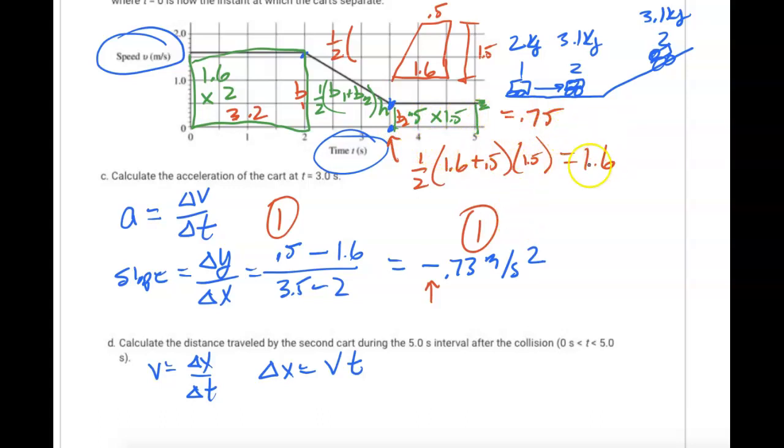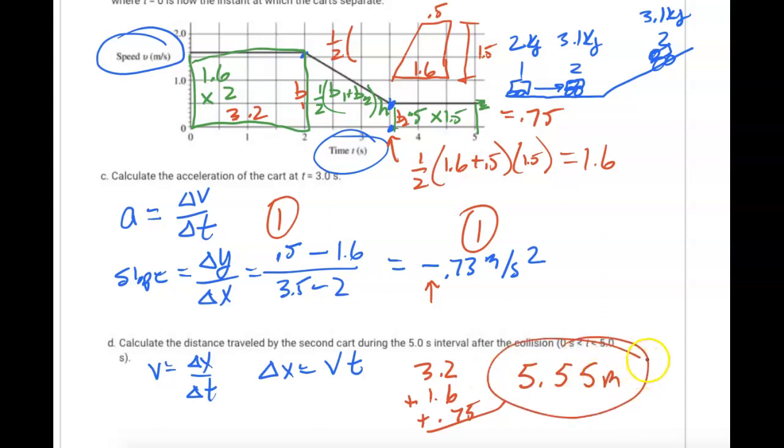So we're going to add all those things together: 3.2 plus 1.6 plus 0.75, and I get 5.55 meters, and that is the distance traveled by the cart in that second part.